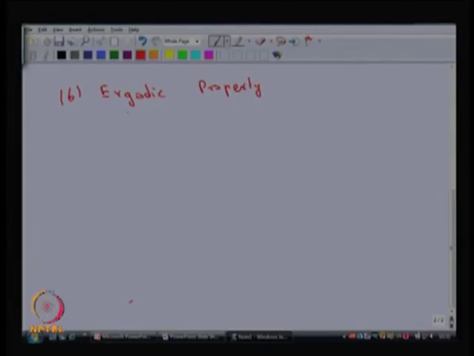The next property, or the next definition, is the ergodic property. What is the meaning of the ergodic property? It says the time average of a function along a realization or sample exists almost everywhere and is related to the space average.